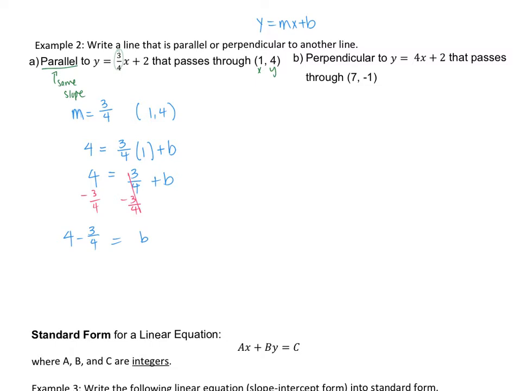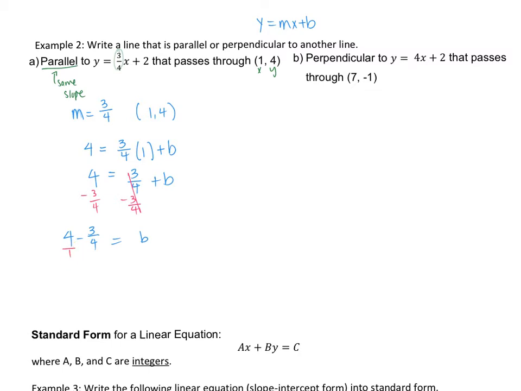To subtract a fraction, you make both of them a fraction. So if this is 4, you can always put a whole number over 1 to make it into a fraction. And then to subtract, you need common denominators. So I'm going to make the bottom, that's a 1, into a 4. They can both be a 4 if I multiply this 1 by 4.